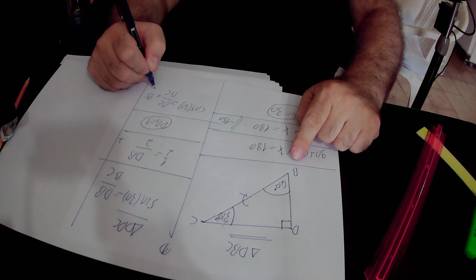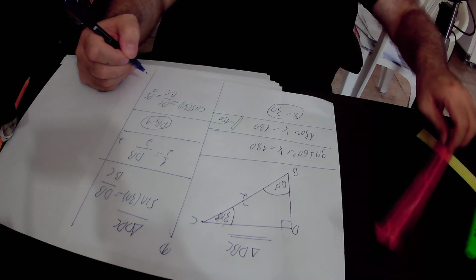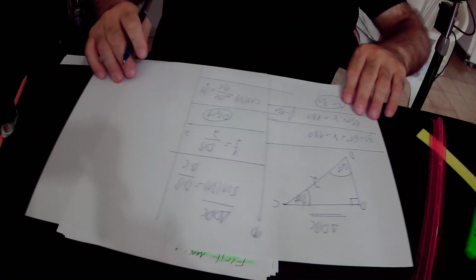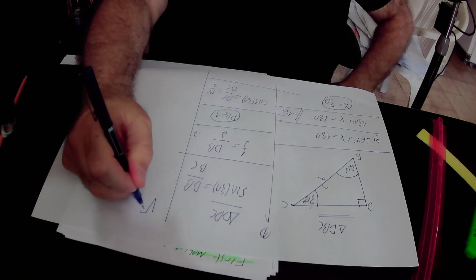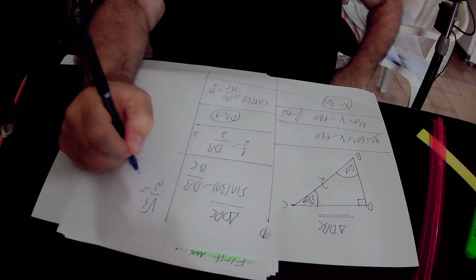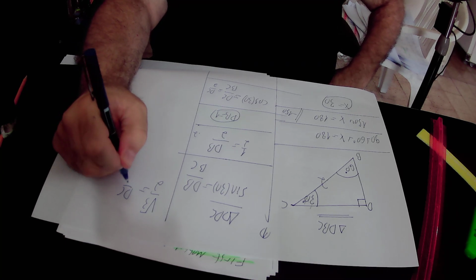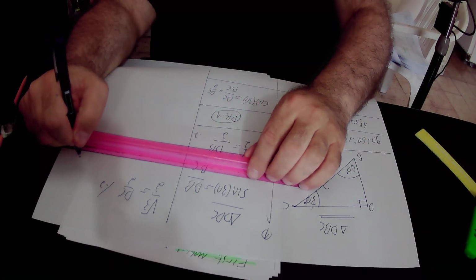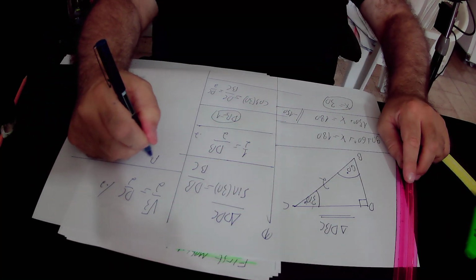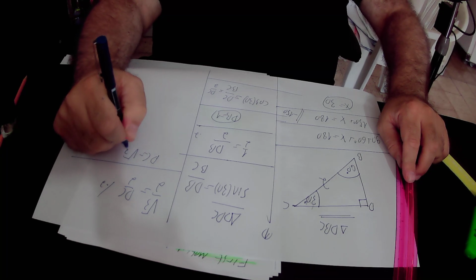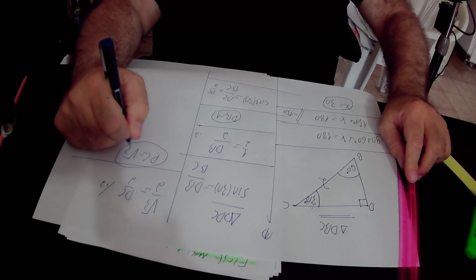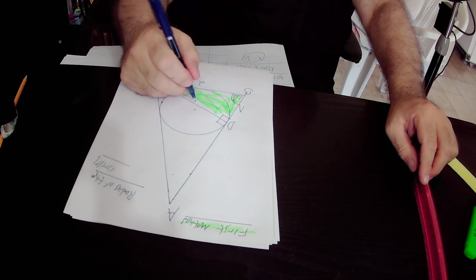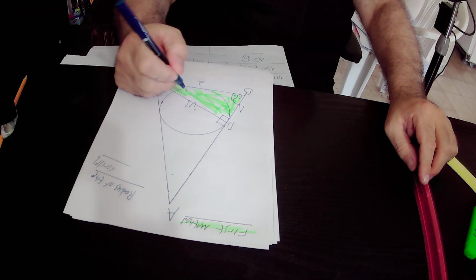BC is 2, so we substitute BC by 2. Here cosine 30 degrees is square root of 3 over 2, and it is equal to DC over 2. We will multiply this equation by 2, and we will get that DC equals square root of 3 units.